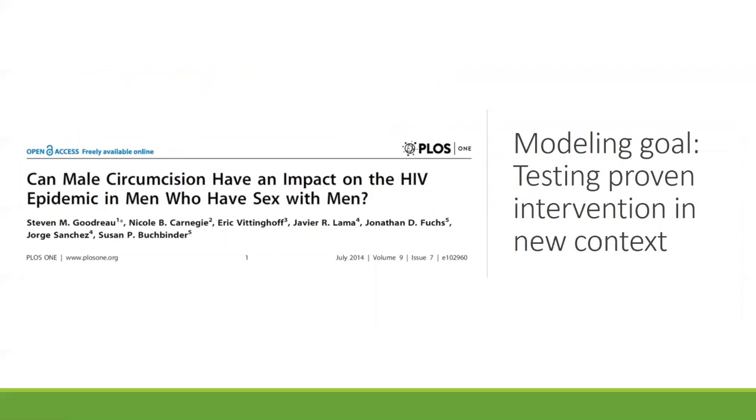All right, so that was understanding our population. The next question that we tackled is testing a proven intervention in a new context. So this is looking at male circumcision in epidemics with men who have sex with men.